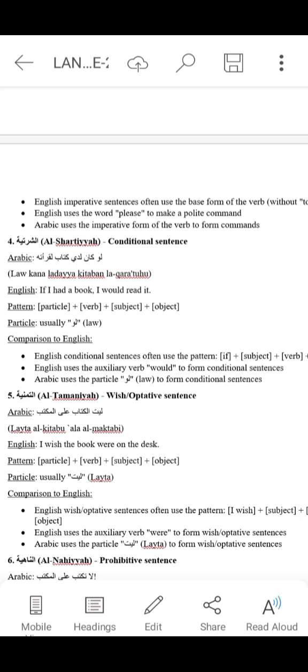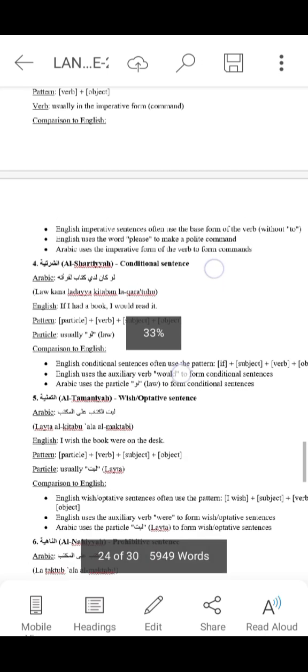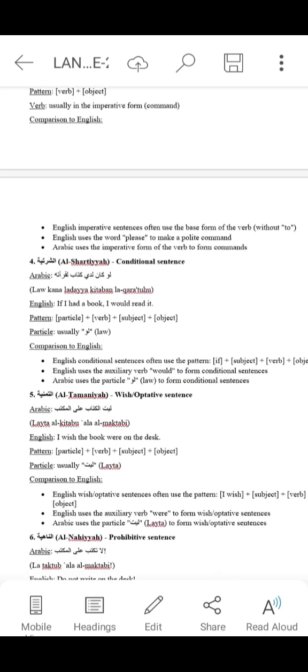If we see another example, إذا جاء الماء أشربه, like if water comes, I will drink it. So it is also following the pattern if, subject, verb, object.